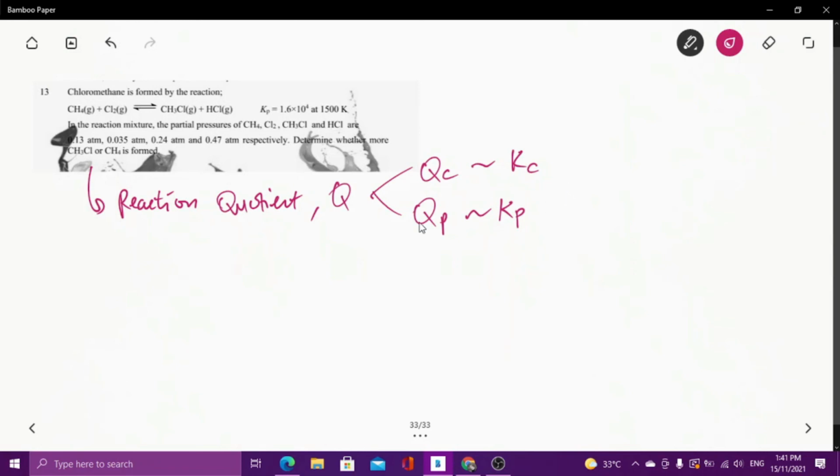Okay, so daripada nilai Q kita akan compare dengan nilai K. Kalau K dengan Q adalah sama, maka diorang adalah at equilibrium. So if Q is equals to K, so which means that the system is equilibrium. If the value of Q is greater than K, okay, so Q boleh jadi greater than K.